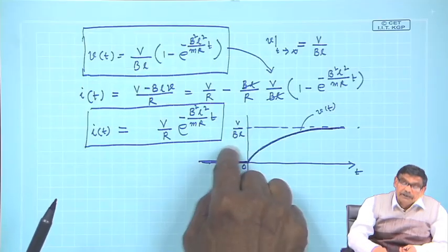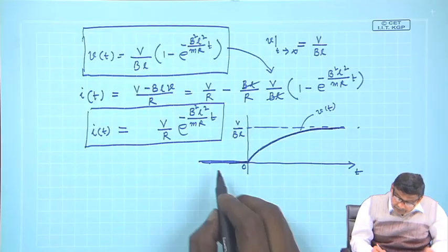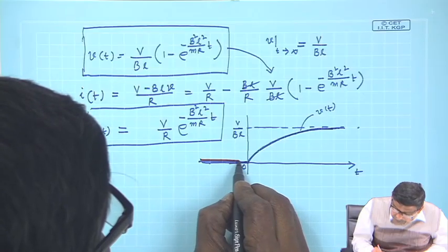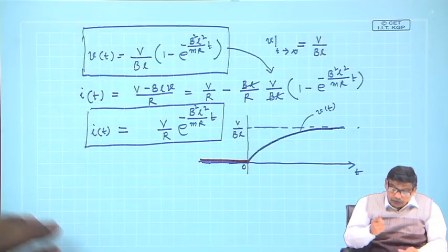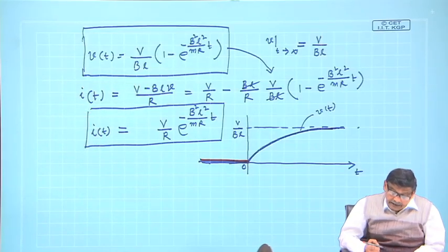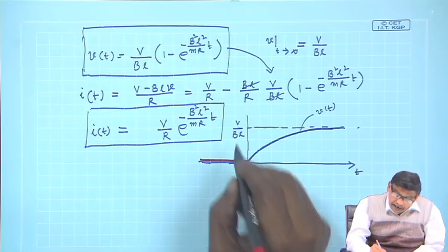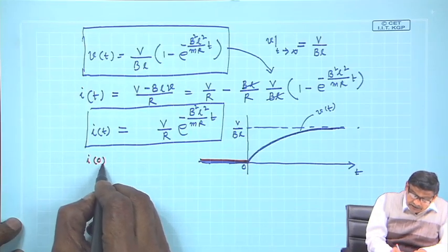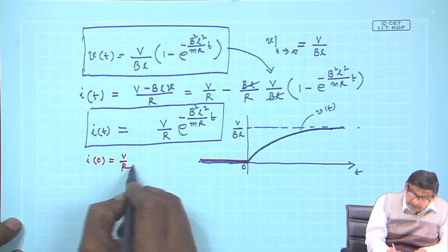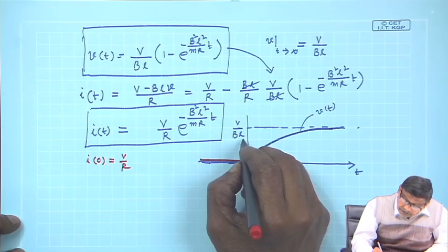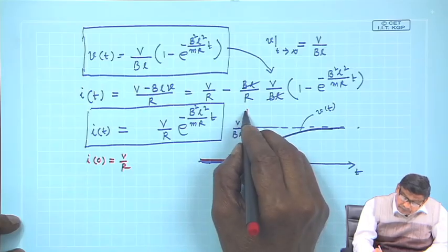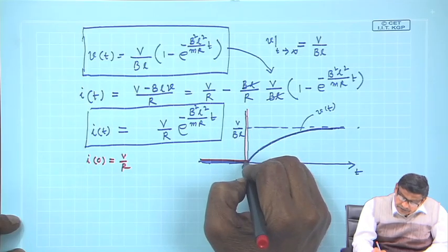V by B L. What about current? Current was also 0 prior to t less than 0, because the switch was open, and at t equal to 0, current will have a step jump. The value of current I 0 is equal to V by R. Put t equal to 0, and since it is a resistive circuit, current will have a step jump.